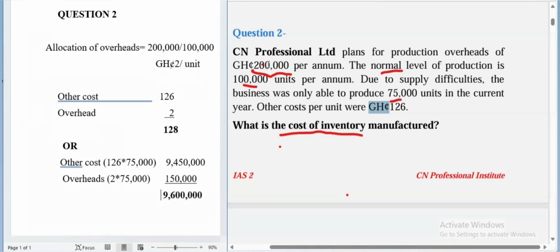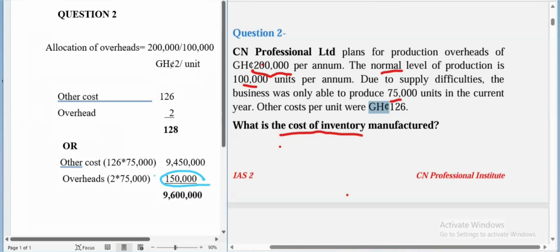That's the budgeted, what they normally plan. But look at the figure we use in the computation. Here it is 200, but in the computation we use 150. So there's under absorption.